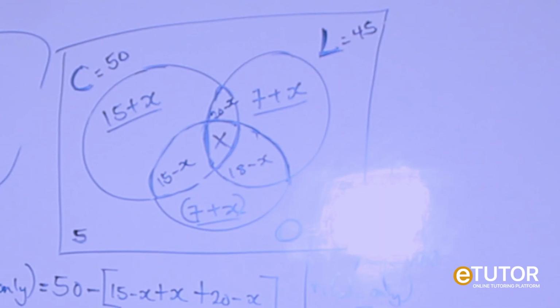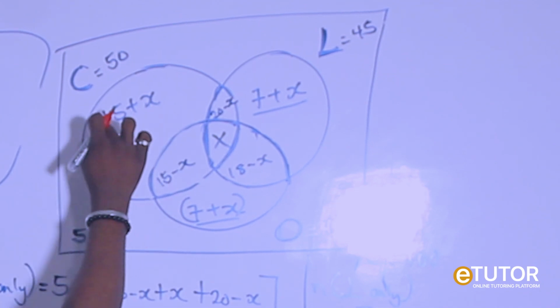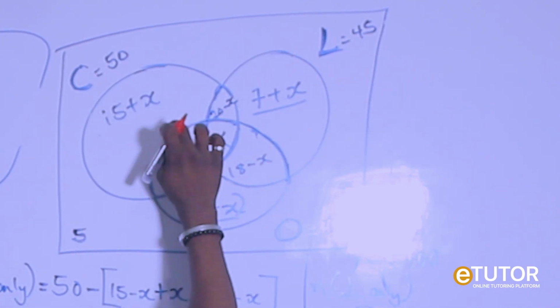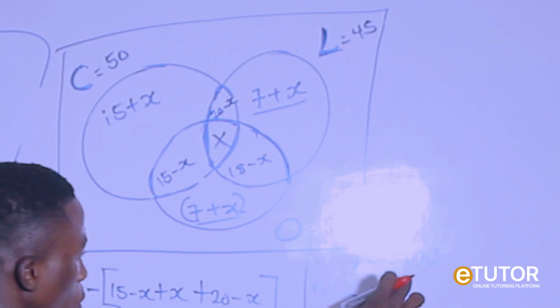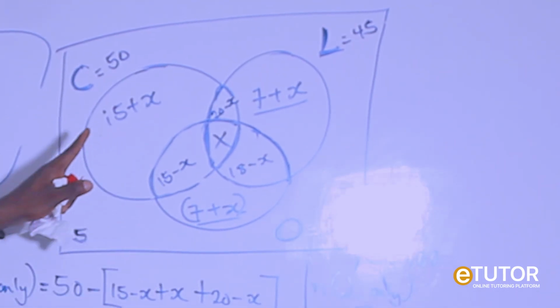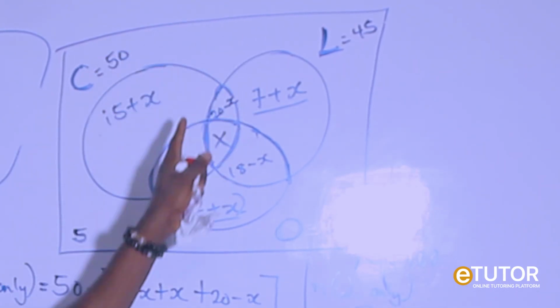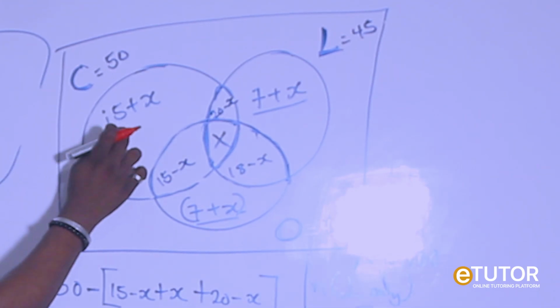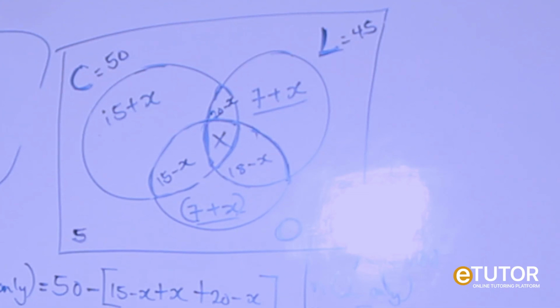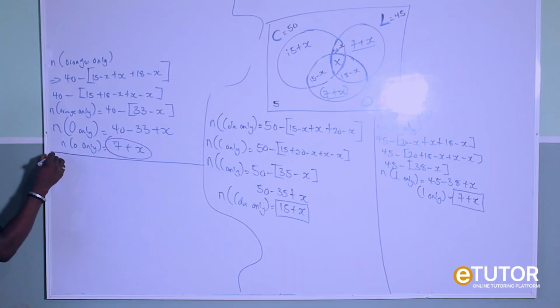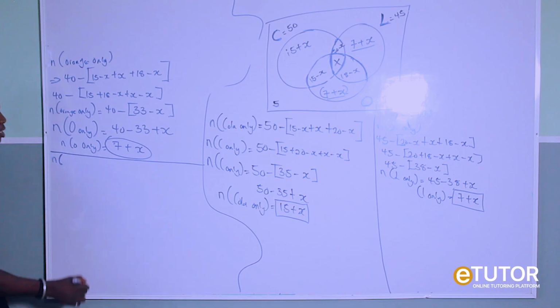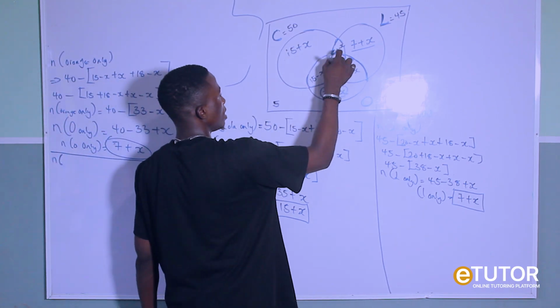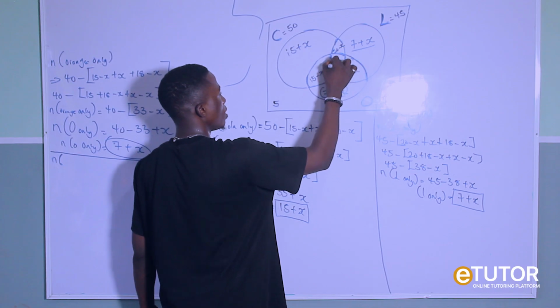What you're going to do now is, we're going to add every single thing in this circle and equate it to 100. So everything I have inside of my rectangle, I'll equate it to 100. Remember, people that liked all 3 is the intersection of all the 3 drinks.